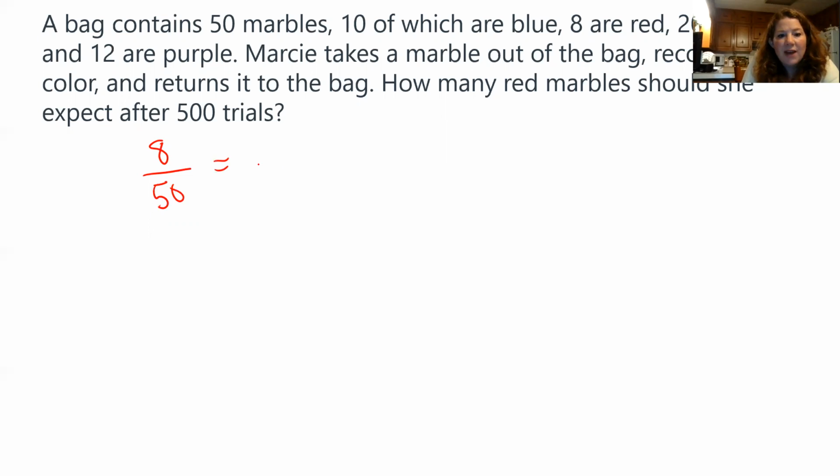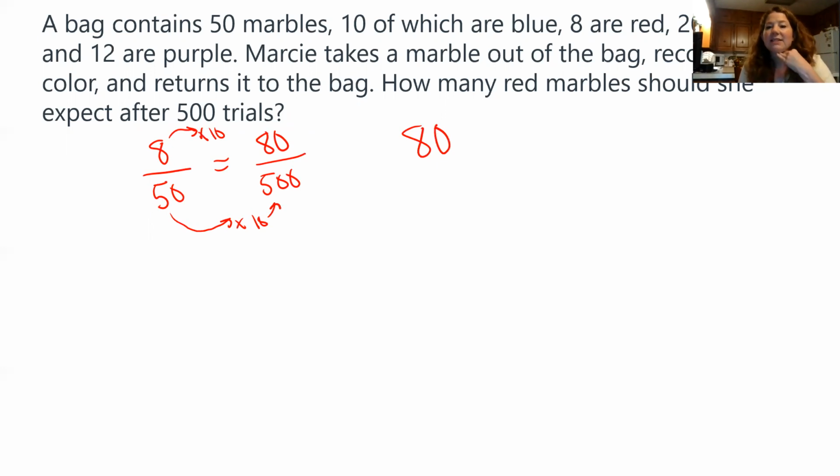And we're going to do 500 trials. So what times 50 is 500? Times 10. So we can do the same thing to 8, right? So we would say 80. So 80 times she should pull out a red marble based on our proportion.